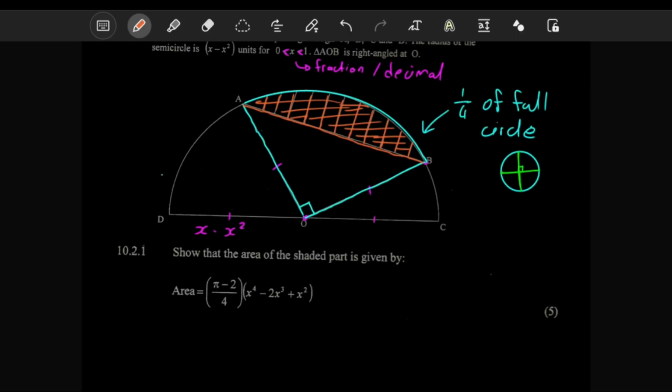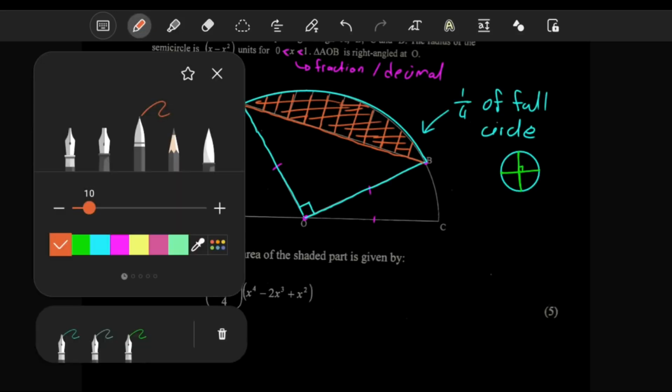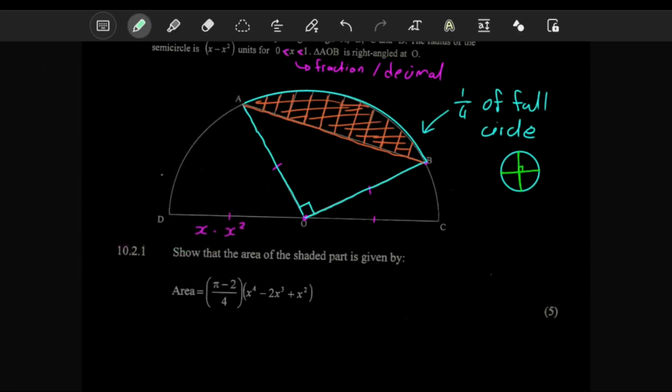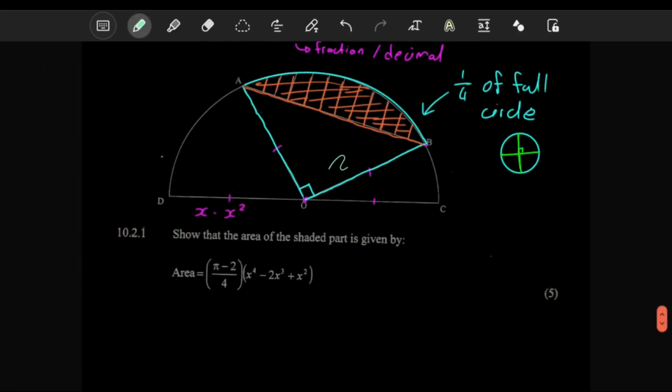So, getting the shaded region, don't overthink it. Don't try to get this thing directly. The 3 things you can use here are your big semicircle, this quarter, and your triangle. Those will help you get this tiny portion.